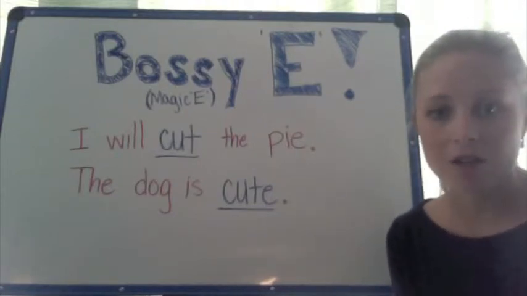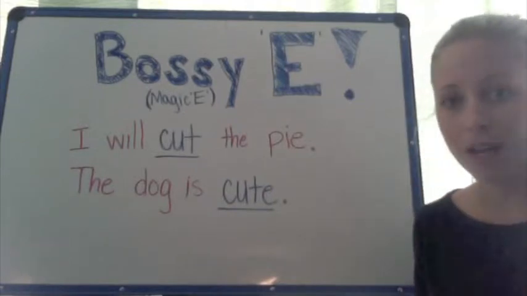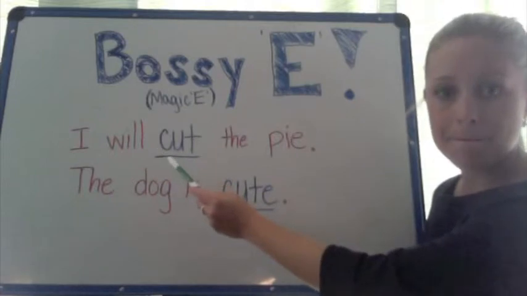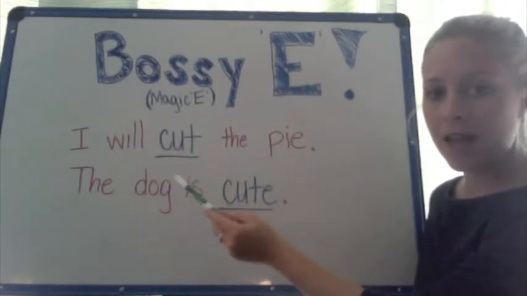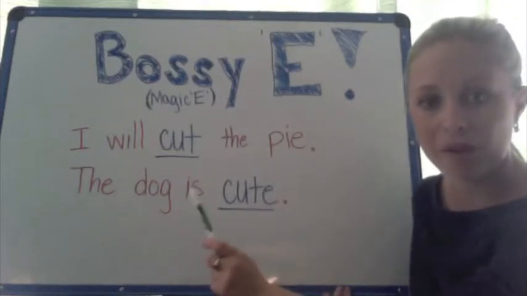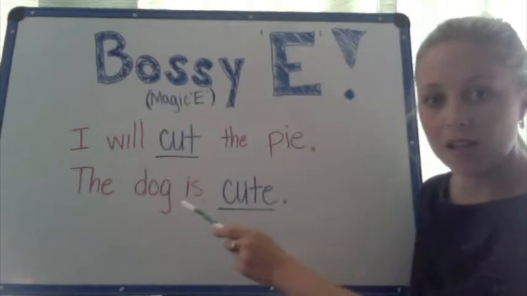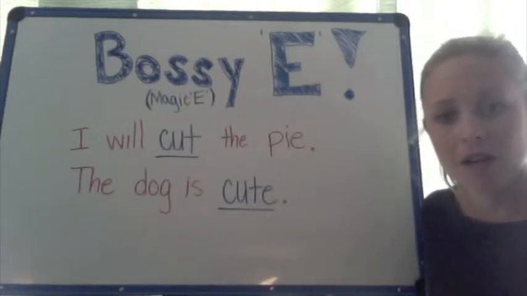And when we get to the underlined word, we're going to say blank. Okay? I will blank the pie. Now, let's read the second one before we figure out the underlined word. The dog is blank. Very good.